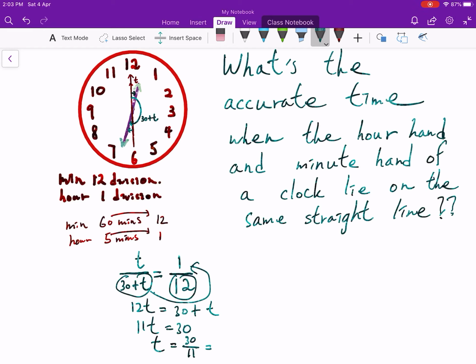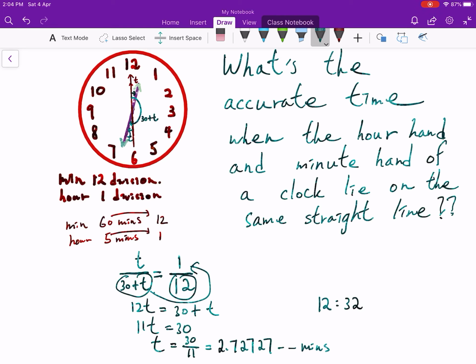If you type this out, it is approximately 2.72727 minutes. So when the hour hand and minute hand lie on a straight line, T is 2.727 minutes, and we know the time there should be approximately 12 o'clock and 32 minutes.